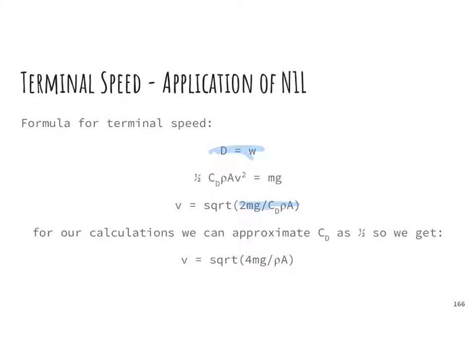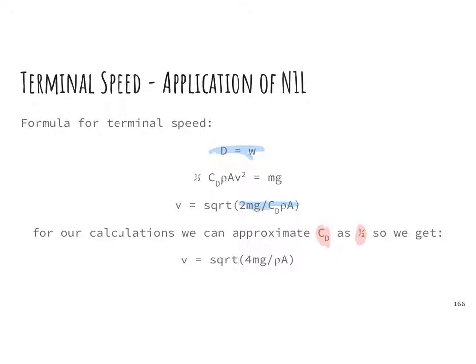One of the quick things we can do is generally approximate the drag coefficient as 1/2. So much like the coefficient of friction, this is a dimensionless quantity, meaning that it has no unit. And for many things, the drag coefficient falls between 1/2 and 1. So for our calculations right now, we're just going to say it's 1/2.